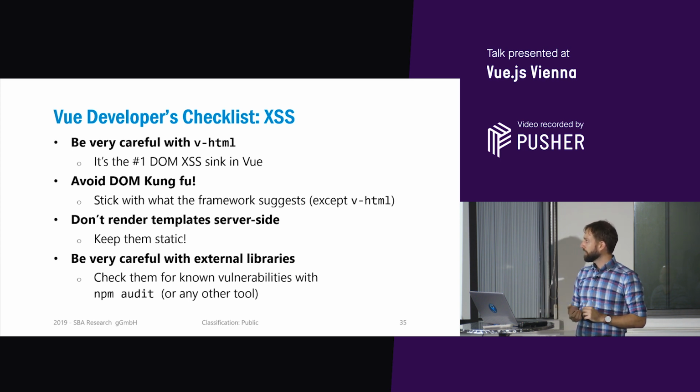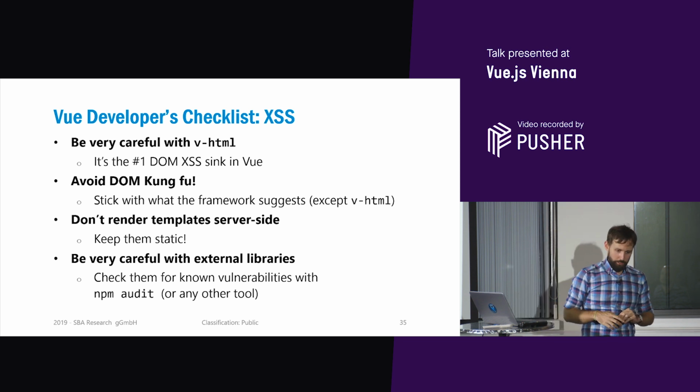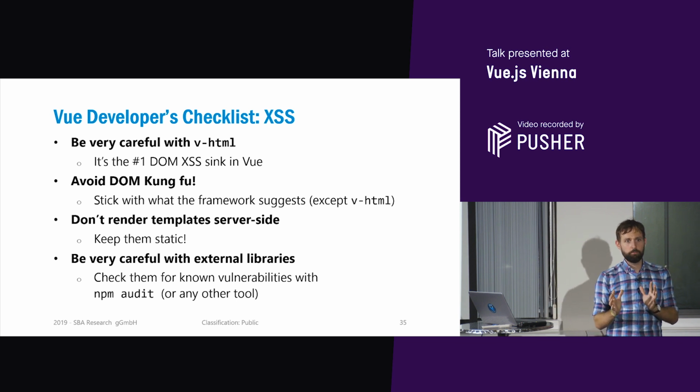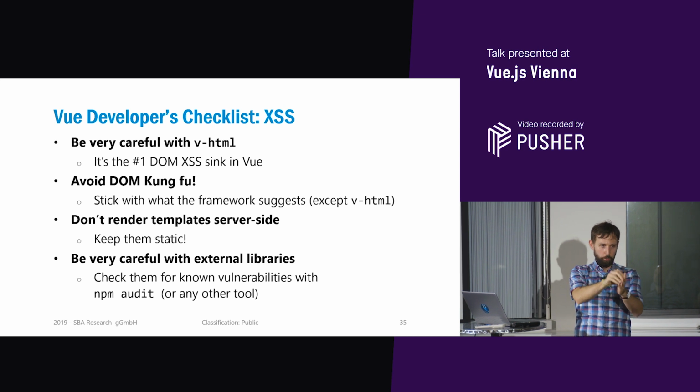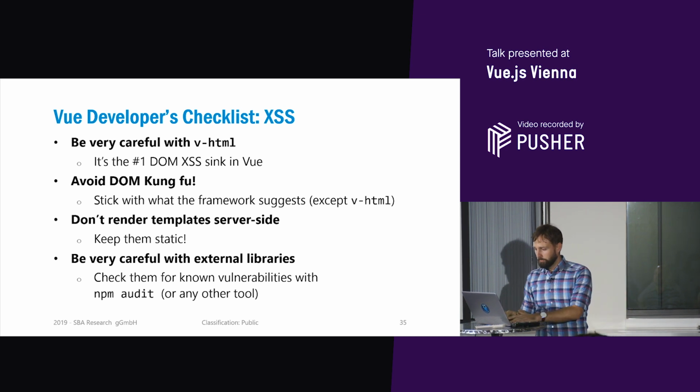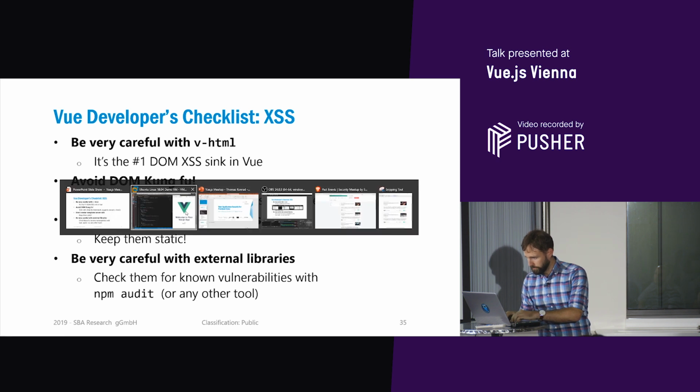Also, don't render the template server side. Now, there's one thing that could get dangerous if you render your templates on the server side and you have, for example, an HTTP parameter that you put directly into the Vue template. There's something that could bite you, and I'm going to show you the example.